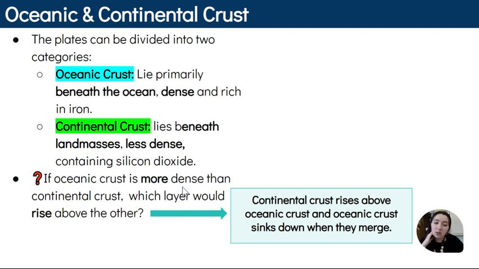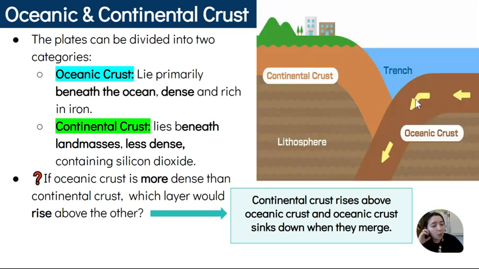No. Do you need to know that continental crust is less dense so it rises above oceanic crust? Yes, you do. So I would definitely write that down. And we can see that here. So when these two plates come together, oceanic and continental, the continental is going to rise above because it is less dense. The oceanic will sink below.